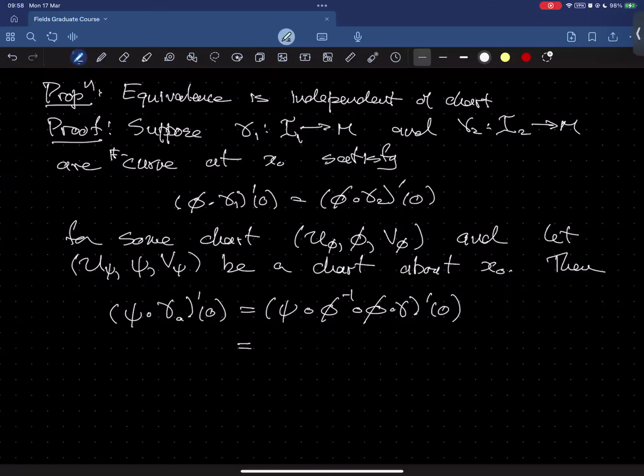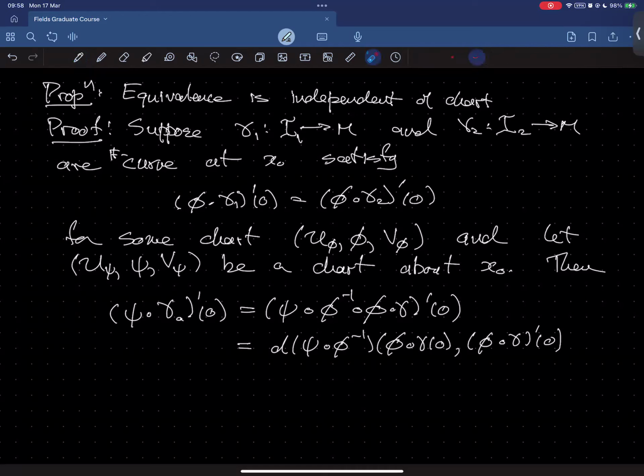And so this is D psi composed with phi inverse, evaluated at phi composed with gamma at 0, and then phi composed with gamma prime at 0. So that's just the chain rule applied to the composition of this with that.